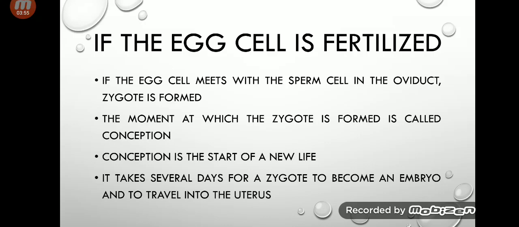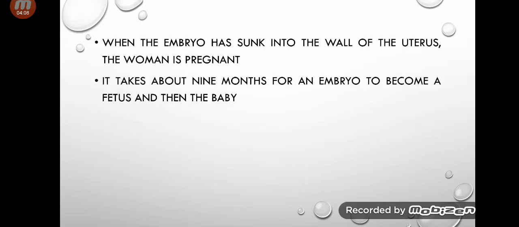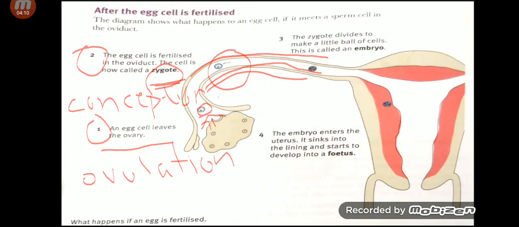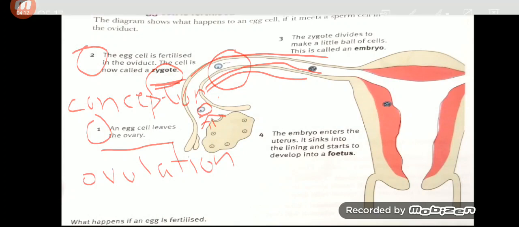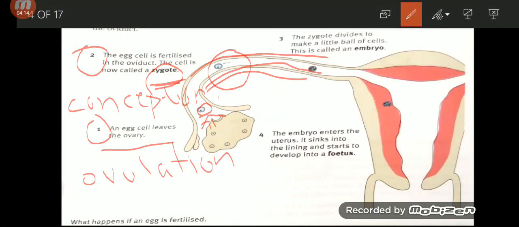Then it takes several days for a zygote to become an embryo and to travel into the uterus. Let me show you. In the third point, you can see that the zygote divides to make a little ball of cells. This is called an embryo, and then this embryo travels into the uterus.